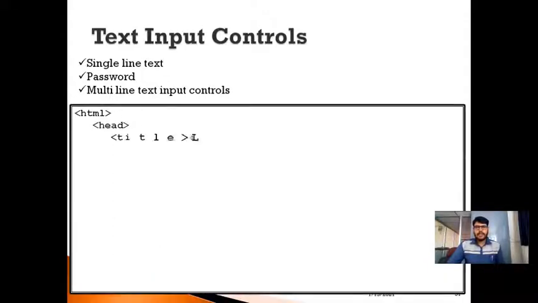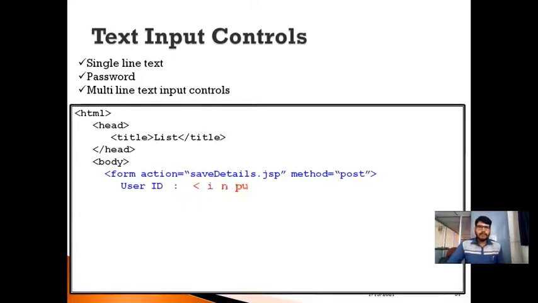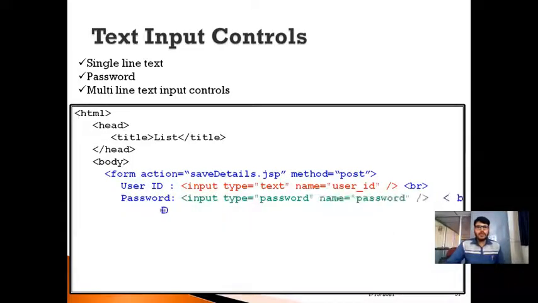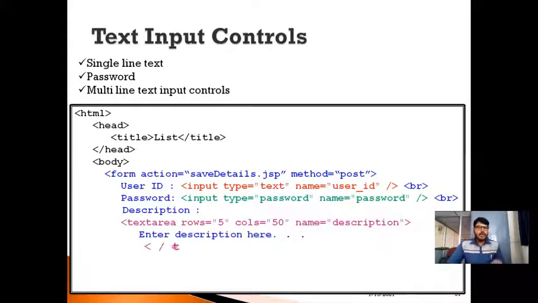Let us see with an example here. So in this HTML source code, as you can observe, I have used a form tag. Try to remember, I cannot directly place form elements without a form tag.